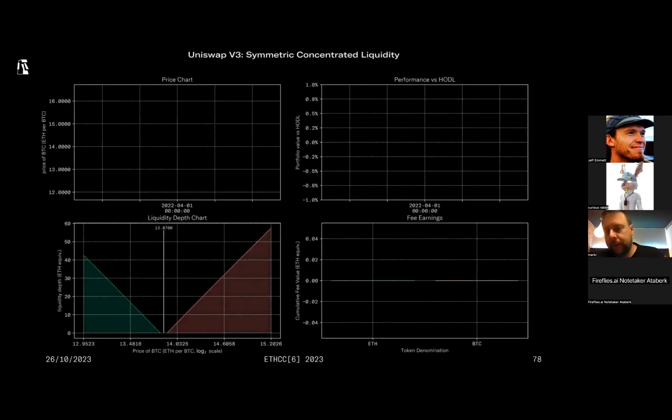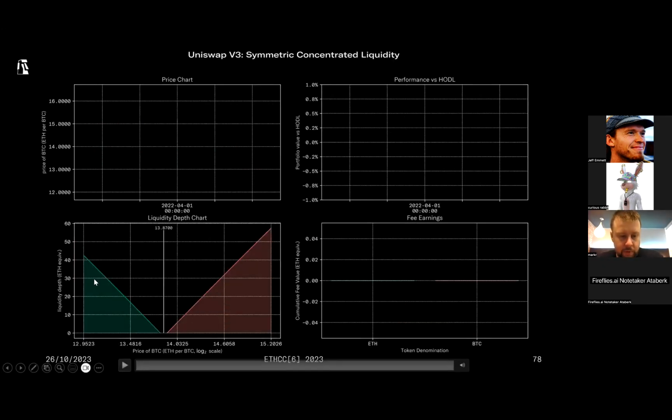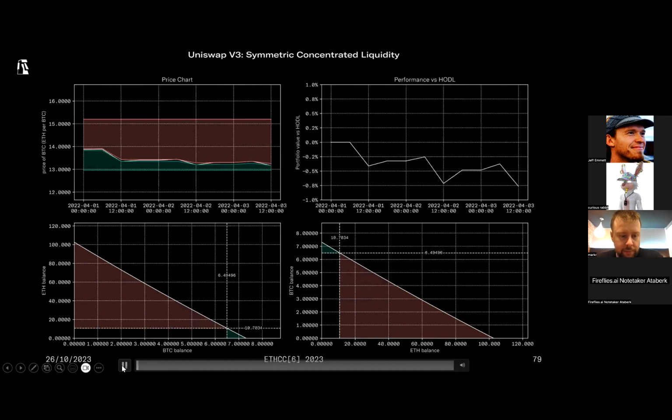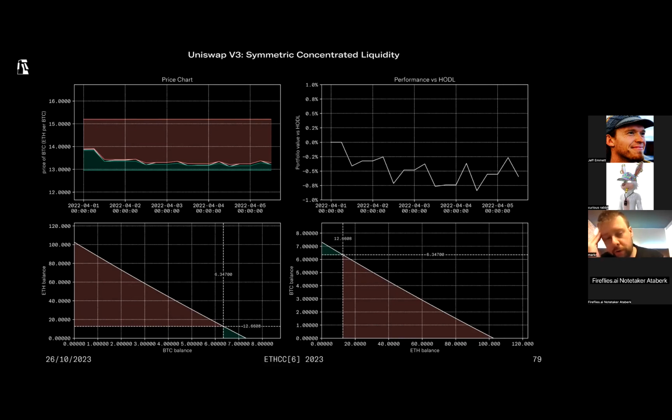Let's have a look at Uniswap V3. The first thing you should note here is that we are no longer enumerating the liquidity from a zero price point to an infinite price point like we were on the typical constant product.